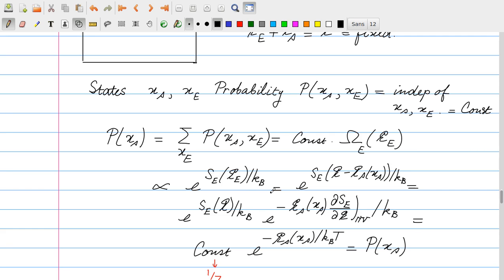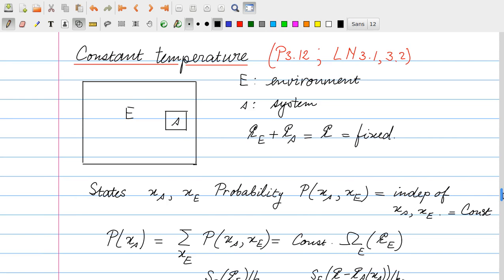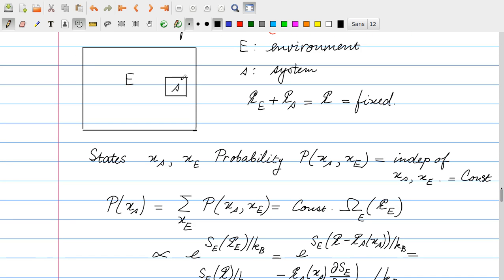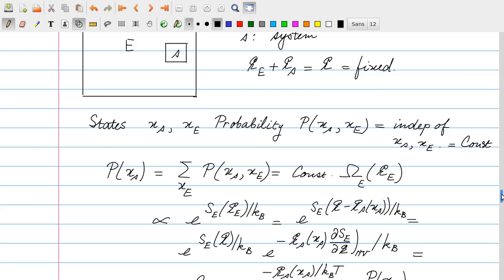So the probability of a particular state of the system plus environment is independent of that state. The probability for a state of the small system is of course not independent of what happens in the small system, and we have just calculated it to be proportional to e to the power entropy of the environment at the energy of the environment divided by k_B.